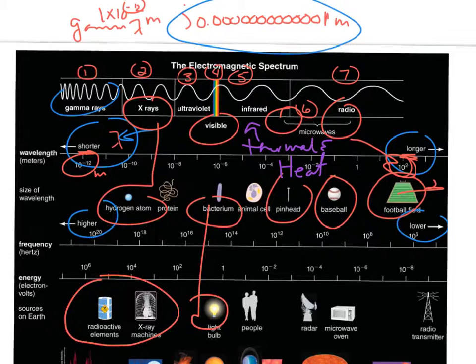It's really cool, no pun intended, that in astronomy we can look at, for instance, baby stars and see their little heat signature and get a sense for what they're doing. But what your author's done here is say that people ooze infrared radiation. People ooze thermal radiation. That's kind of cool. Radar and microwave ovens are for these longer wavelengths.